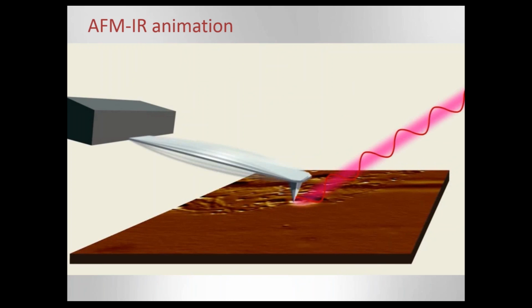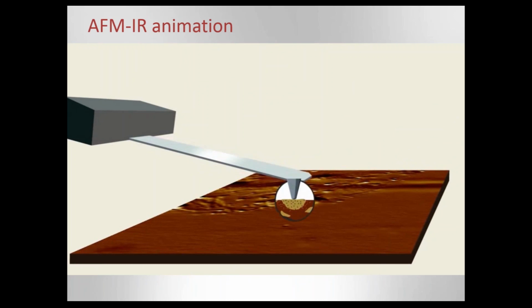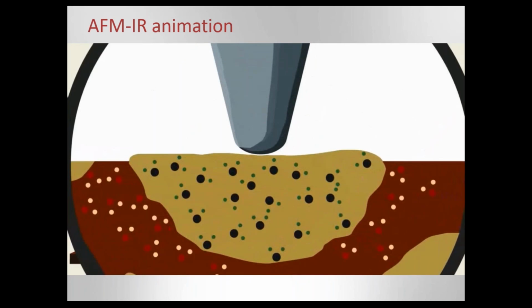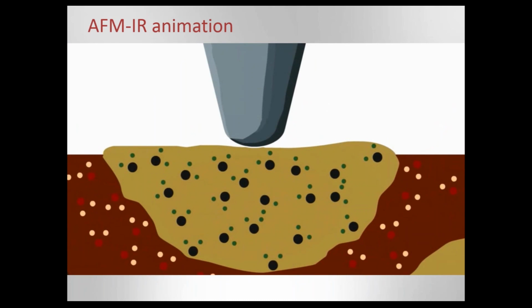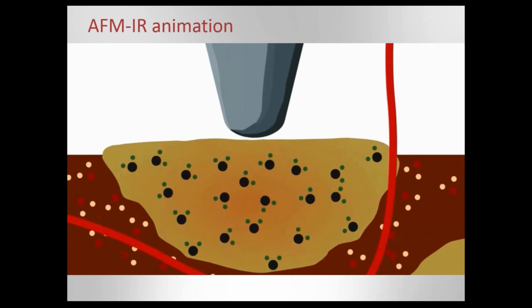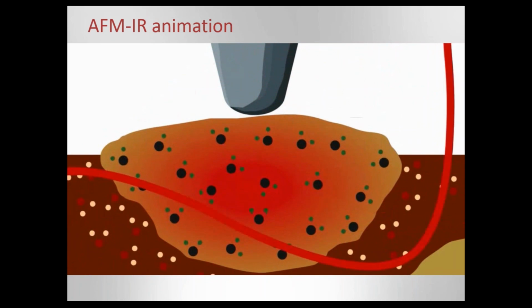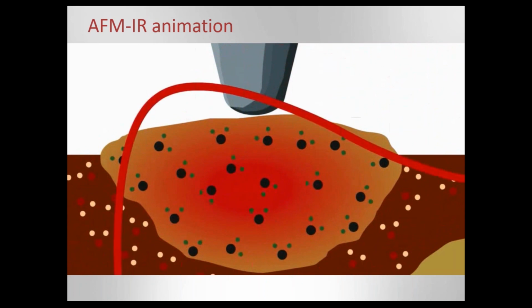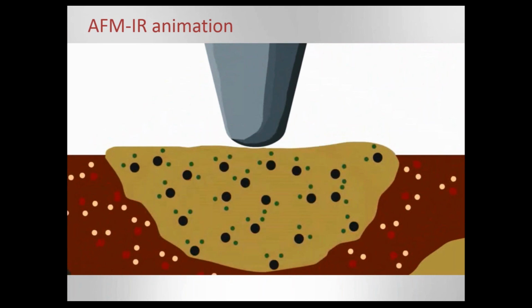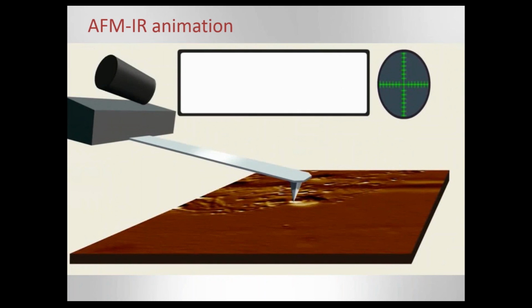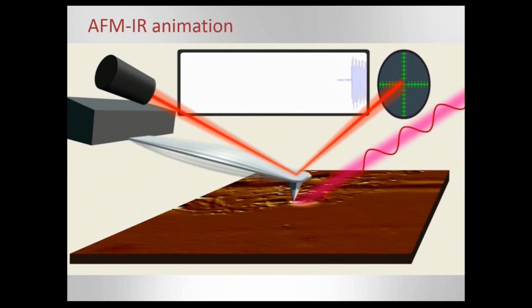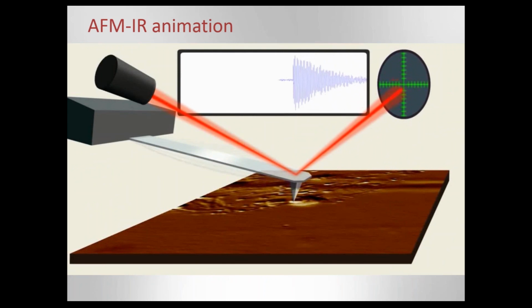cantilever. And we monitor that resonant oscillation using the traditional beam deflection technique of the AFM. And that resonant motion is induced by the infrared light impinging on the sample, causing the molecules within the sample, if the wavelength of the light is at the correct absorption band of the sample, to absorb the light, expand, and cause the AFM cantilever to oscillate.